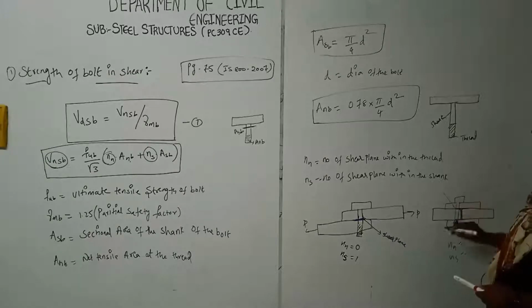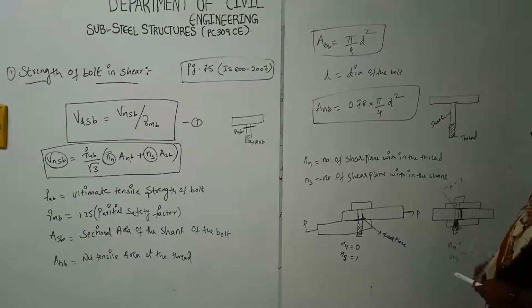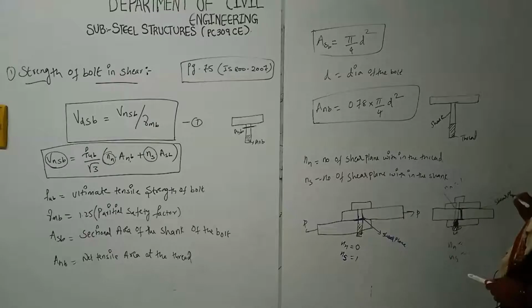Here obviously NN is equal to 1. Here one shear plane, and here one more shear plane. How many will you have here?